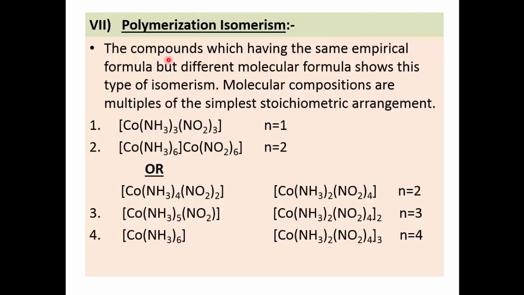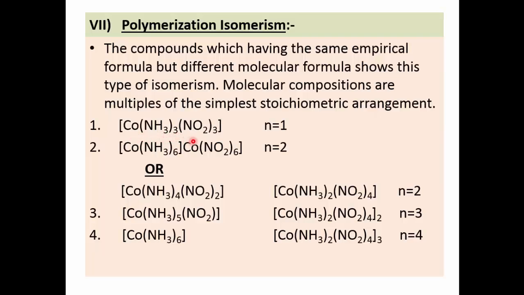What is this? The compounds having the same empirical formula but different molecular formula show this type of isomerism. Molecular compositions are multiples of the simplest stoichiometric arrangement. How? See here. This is the first isomer.